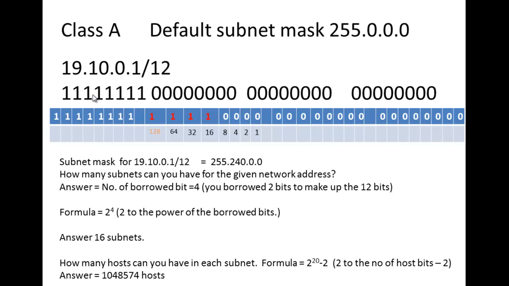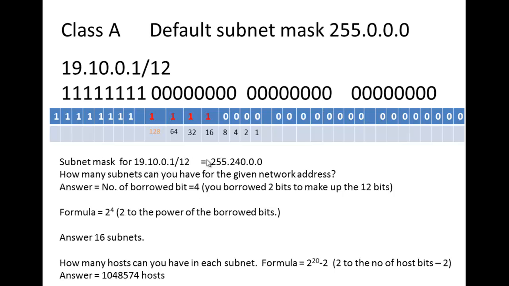This is the subnet mask converted to binary. And what we need to do is to find out how many network bits we're going to get for this network. We already have 8. And to get 12, we have to borrow 4 from the host part of the network.